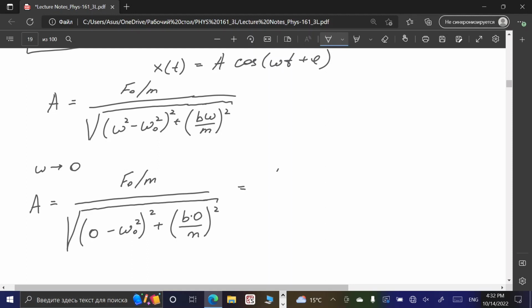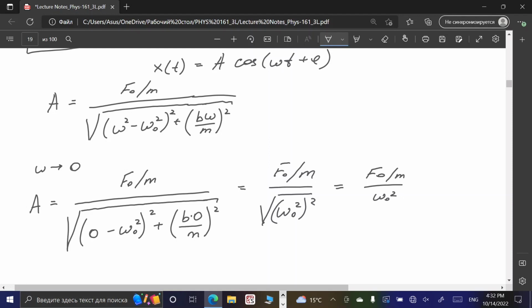So that will be F naught over m square root of omega naught square in second power. And we will end up with F naught over m divided by omega naught square.